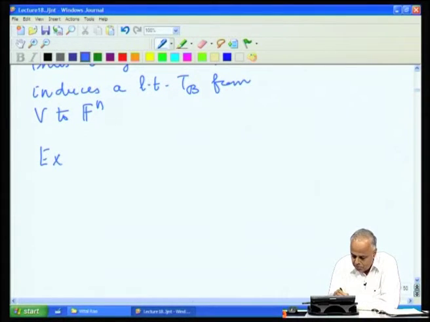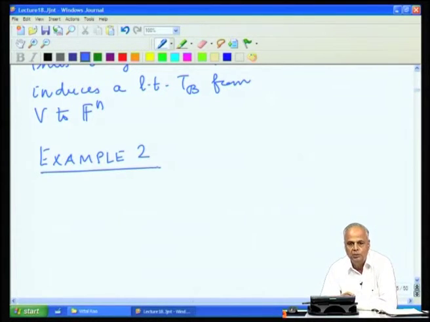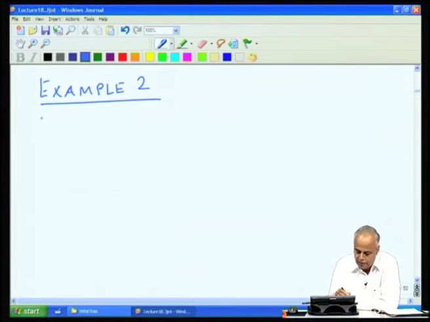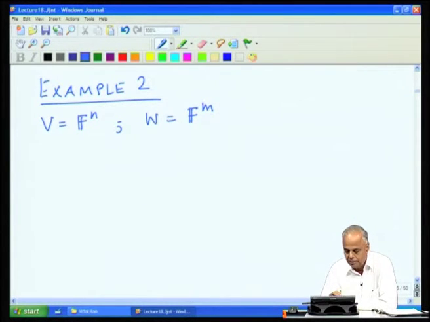The second example we will look at is a very important example from the point of view of the various questions that we raised in the beginning of the course about linear systems of equations. So, we take V to be the vector space Fn, where F is a field, and W to be the vector space Fm, where n and m are positive integers.